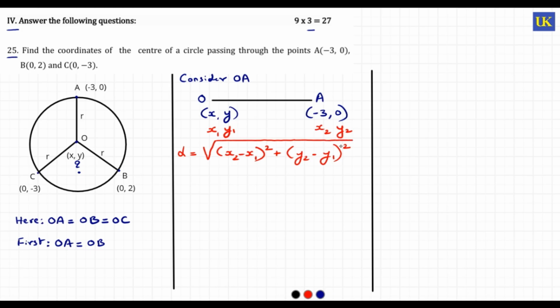Let me just extend this to here. Alright. Now we will just input the values. We already know the values of x1, y1, x2, y2, so we have to just input the values.